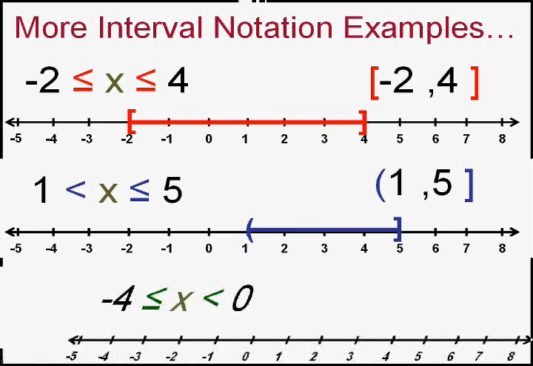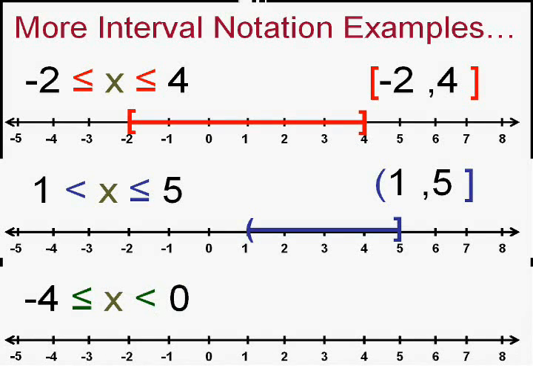Okay? Now this one's going to be kind of just the opposite with different numbers. We don't have an equality sign next to the 0, so the 0 gets the circle that's not filled in, and the -4 gets a filled-in circle because it has an or equal to. Now if we write this, well, first let's graph it.